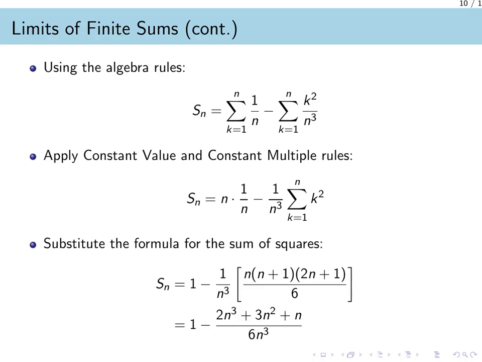This sum of squares is a standard result, so we can substitute its known formula, which is the fraction n times the quantity n plus 1 times the quantity 2n plus 1, all divided by 6. After expanding the terms in the numerator, our sigma notation has been converted into a single rational expression that depends only on n. We now have a closed-form expression for the total area of the n rectangles, which is the crucial step before taking the limit.